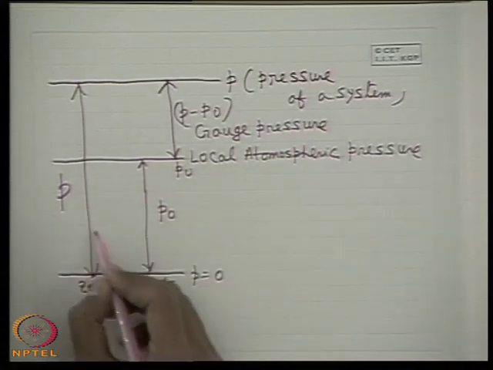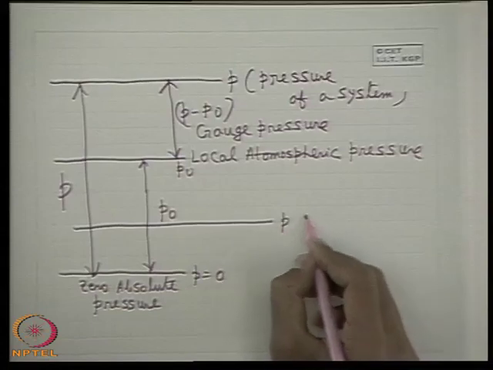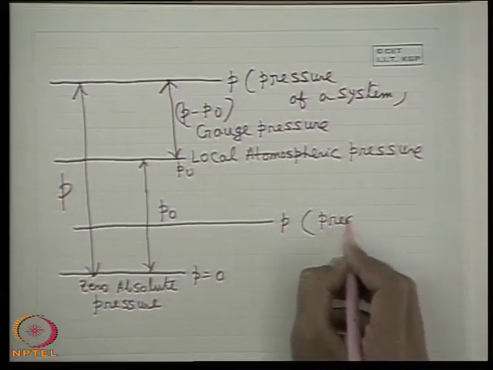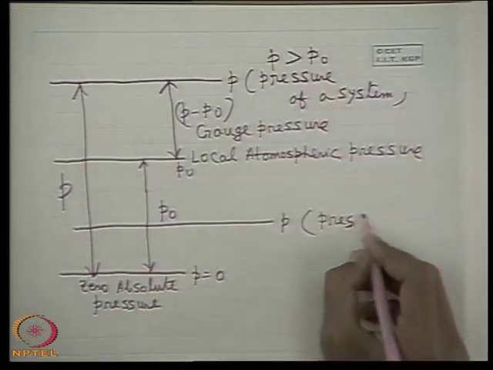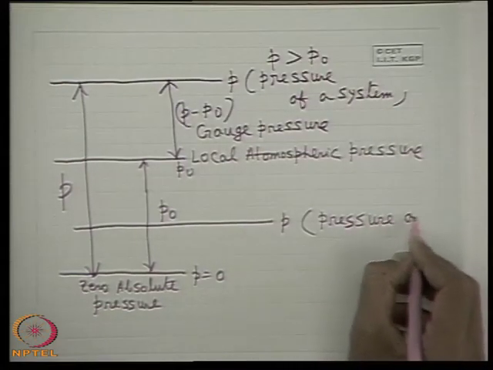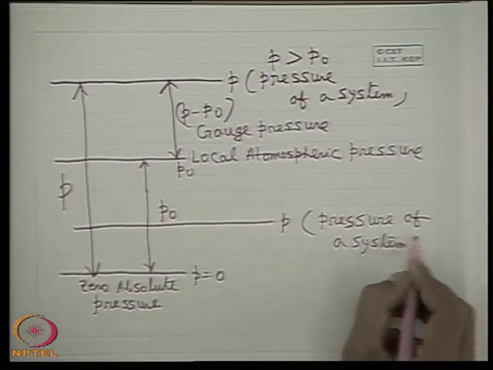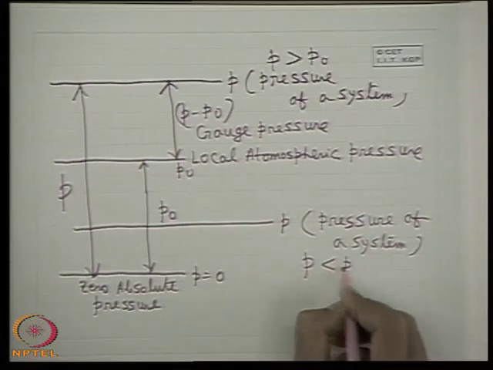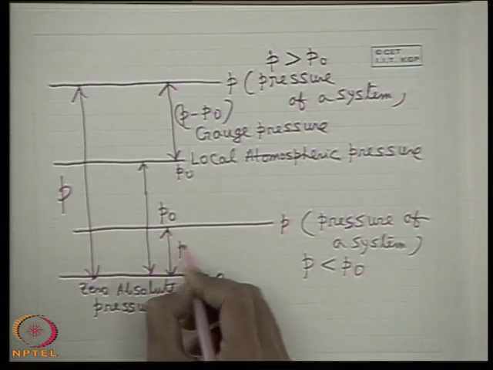Now if a system pressure lies here, that is P, it is the pressure of a system. Here pressure of a system P is greater than the local atmospheric pressure. Here the pressure of a system P is shown as less than the local atmospheric pressure. So this is its value P, absolute pressure.